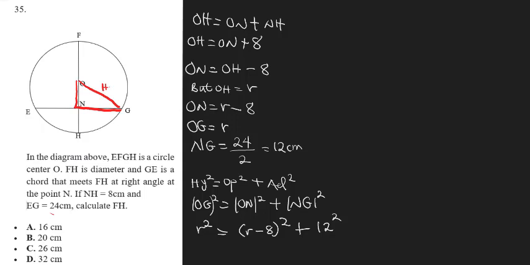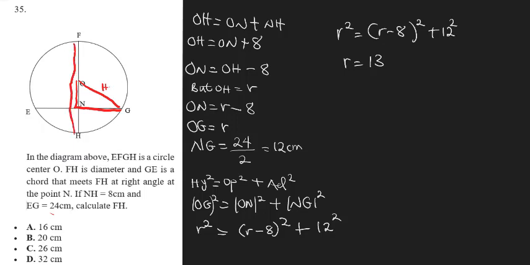So from here now, we have R square is equals to R minus 8 square plus 12 square. So if you do your work, you're going to get R is equals to 13. Try doing it yourself and see. Let me give you a little work here. R is equal to 13. So we've gotten our radius, and we know that this radius from here up here, then another radius again.